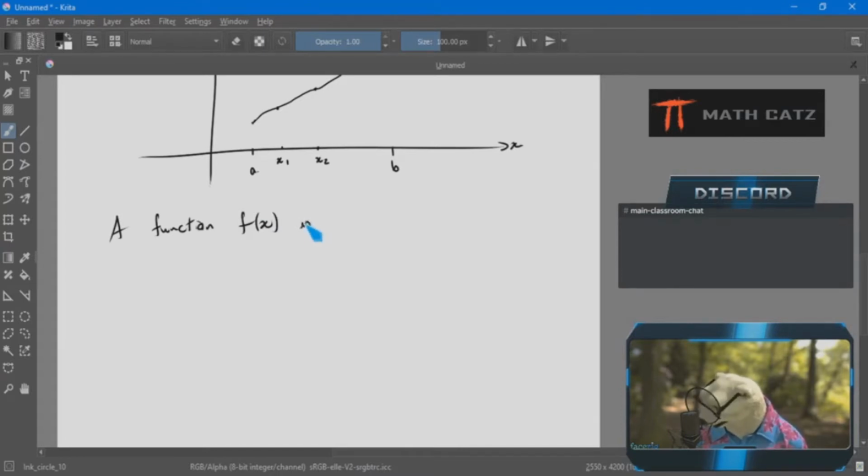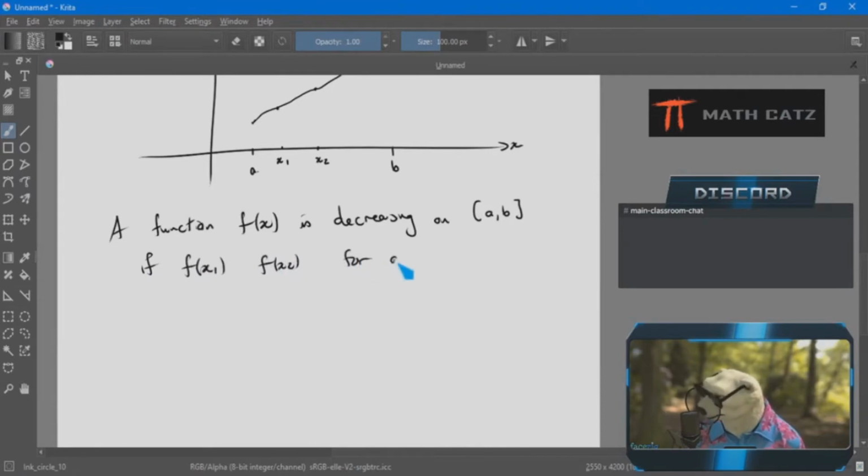Function f is going to be decreasing on some interval a to b if I compare the function values between any two points, x1 and x2, in this interval. Could be the endpoints, could be interior points, doesn't matter.